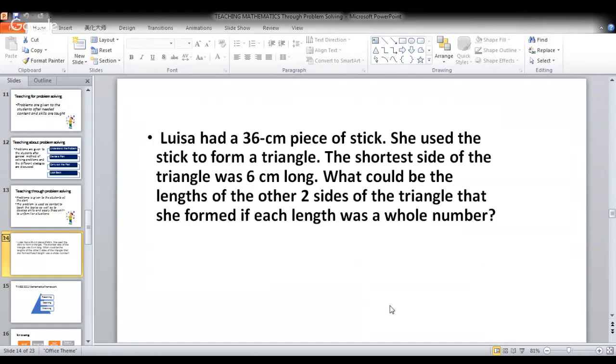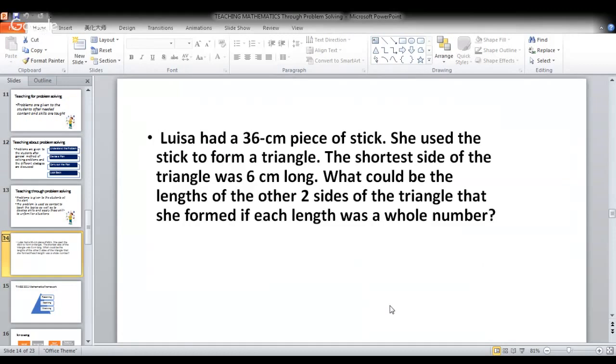15 and 15. Okay, so we have 15 and 15 from Irene, and from Gina.